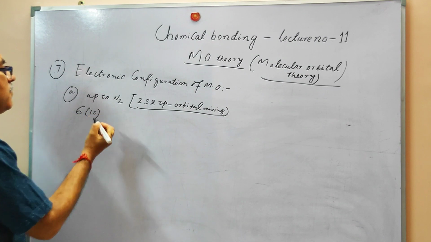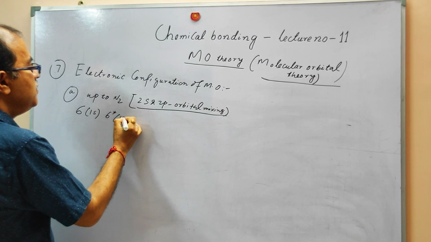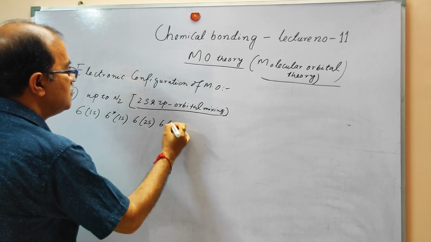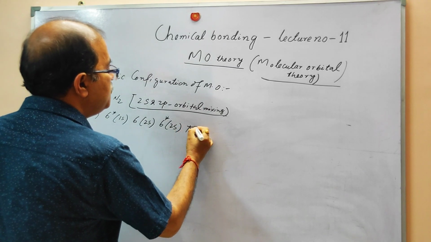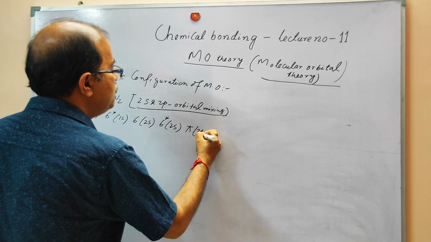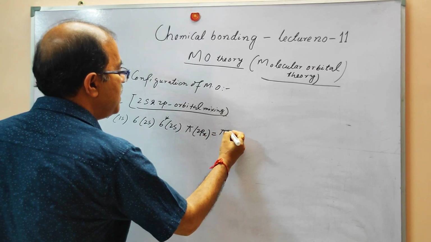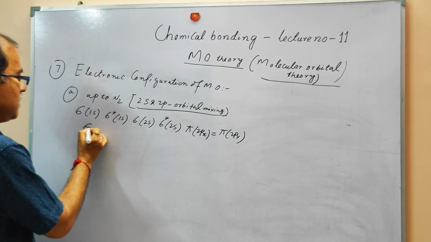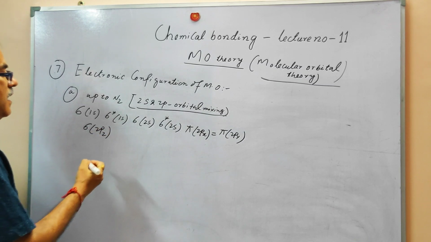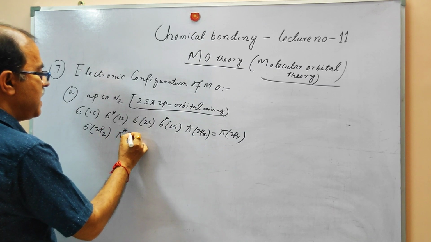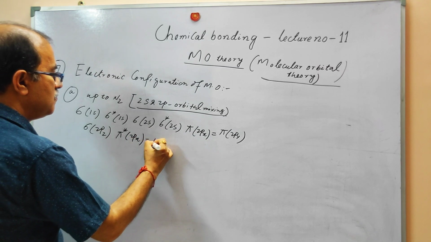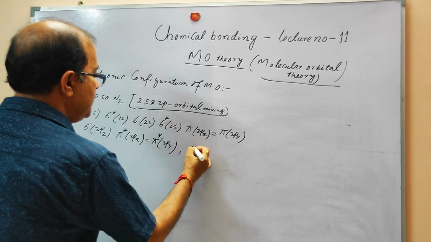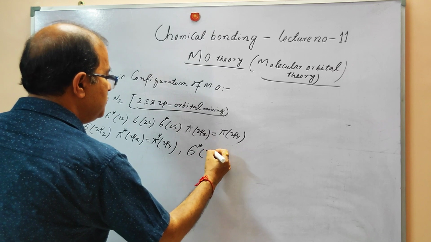Sigma 1s will be filled first, then anti-bonding sigma star 1s, then sigma 2s, then sigma star 2s, then we have to fill pi 2px equal to pi 2py. Then we fill the sigma 2pz orbital, and after that the anti-bonding pi star orbitals, and then sigma star 2pz.